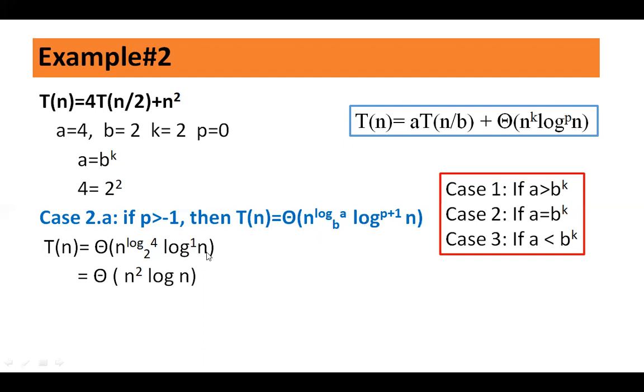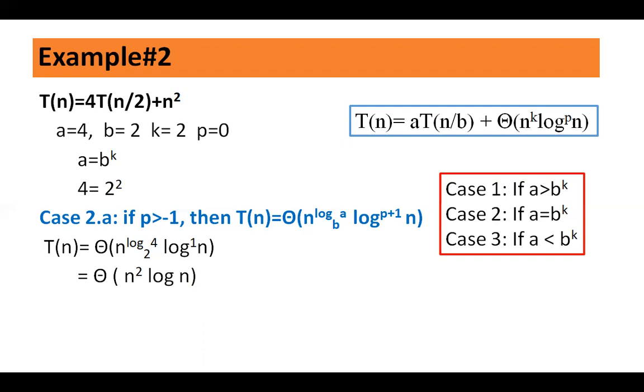Now, n raised to log 4 to the base 2 becomes n squared. Log raised to 1 is nothing but log n. So the solution to this recurrence relation is theta of n squared log n. Isn't it that simple? You don't need to do anything, just replace the values.